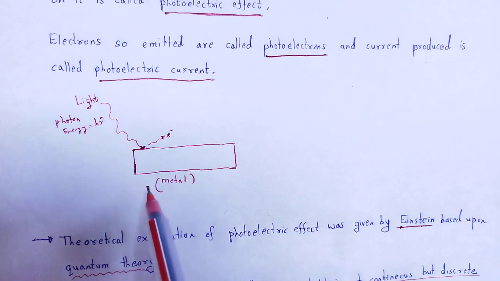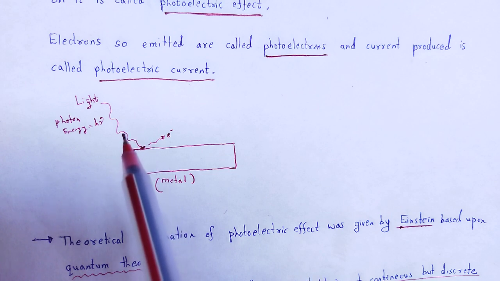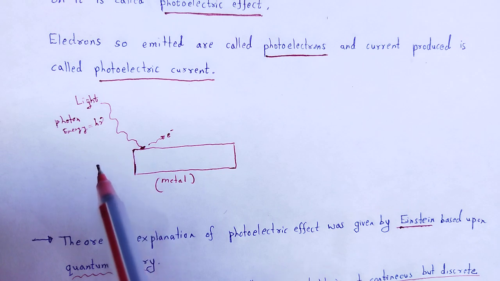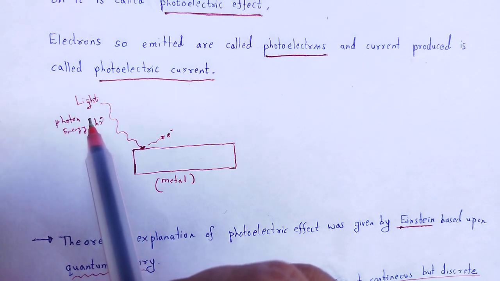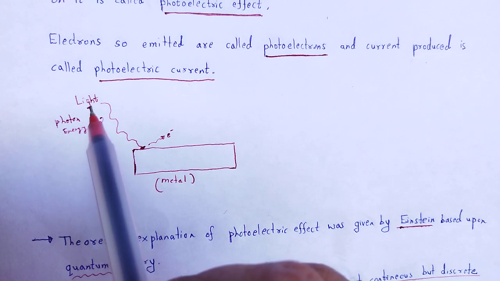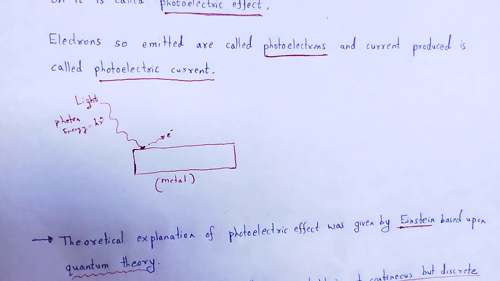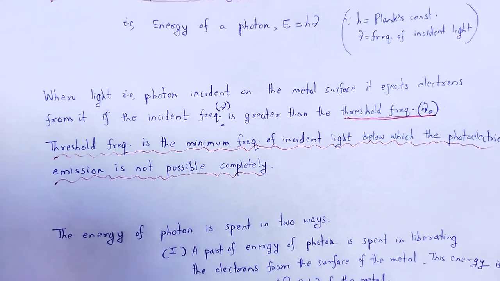Below that minimum frequency, no photoelectric phenomenon occurs, but above that minimum frequency, the photoelectric phenomenon occurs. So the incident frequency must be equal to or greater than the threshold frequency.